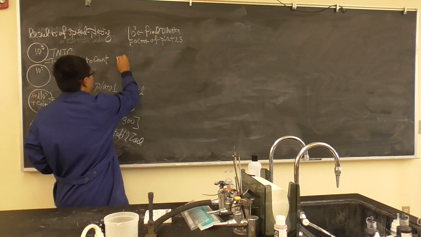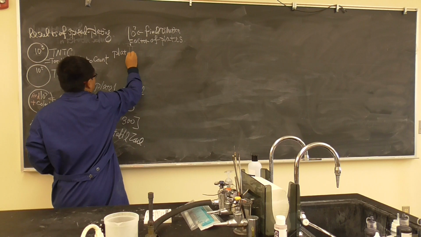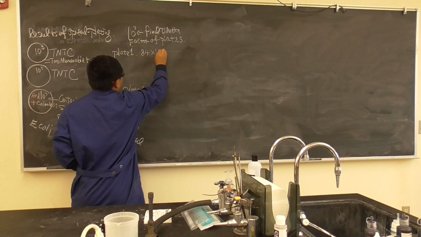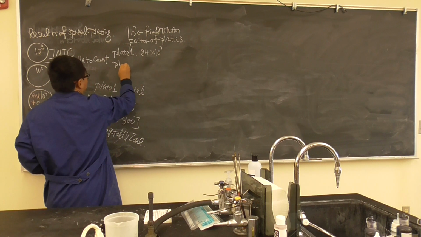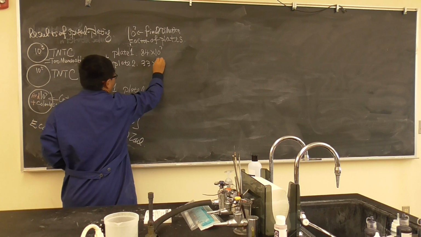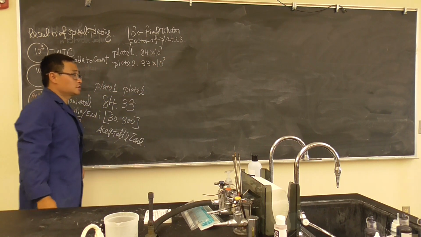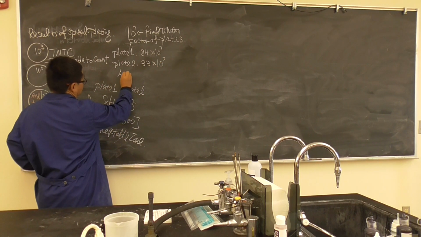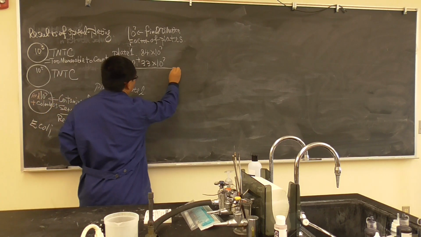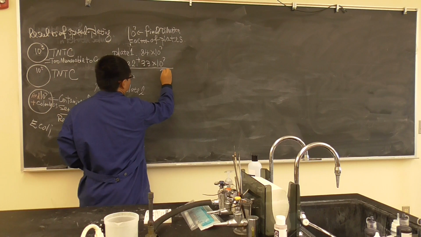How many bacteria are there? Plate 1 is 84 multiplied by 10 to the 7. Plate 2 is 33 multiplied by 10 to the 7. So we could get an average. What is the average number? You add them up, you divide by 2. Is that right?